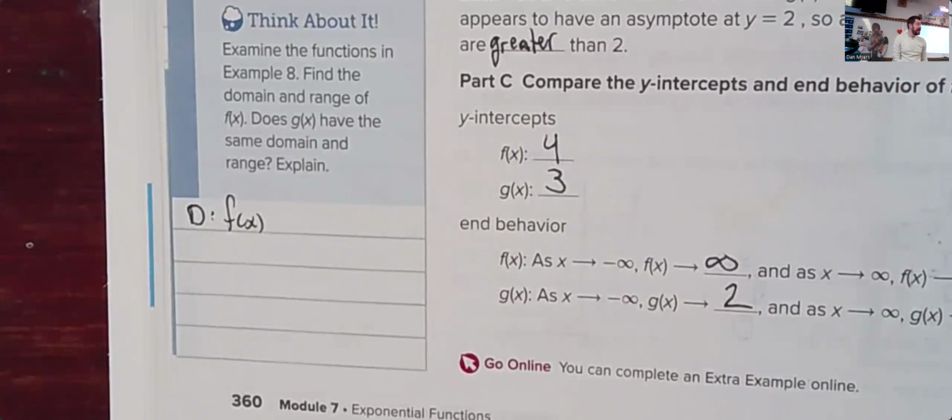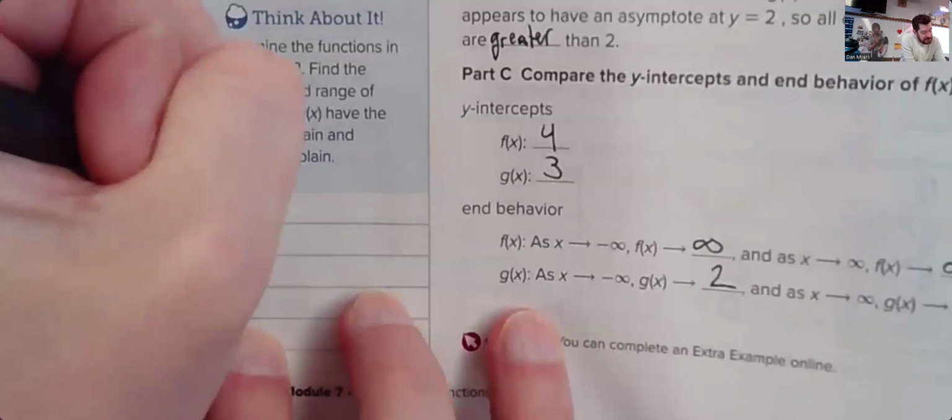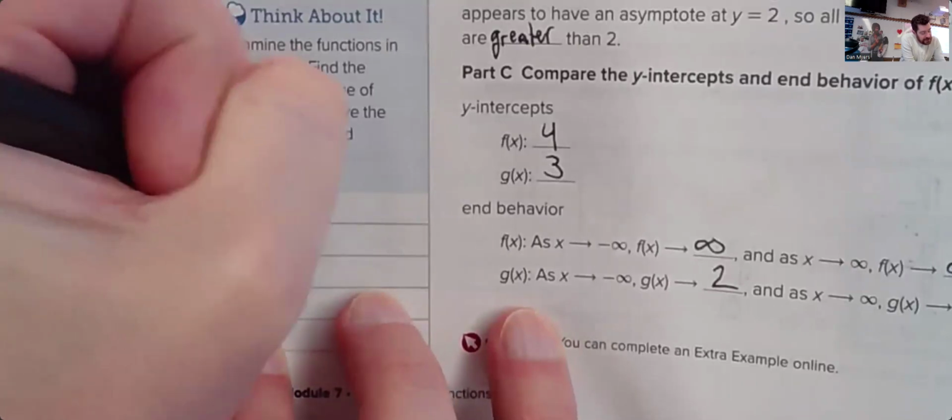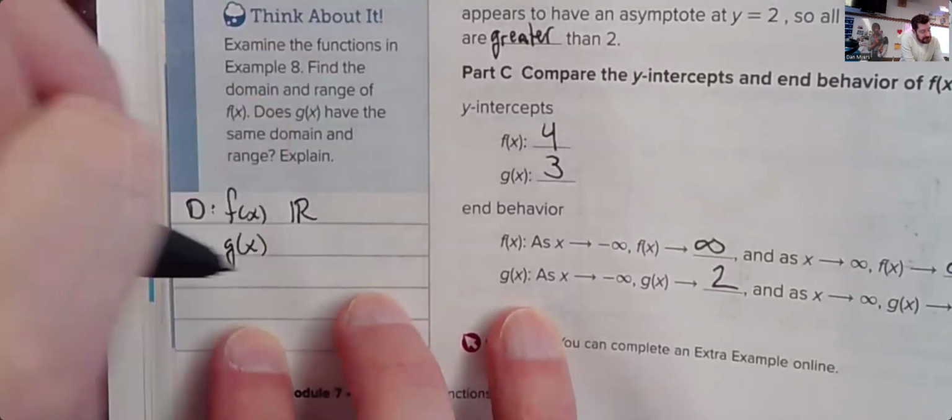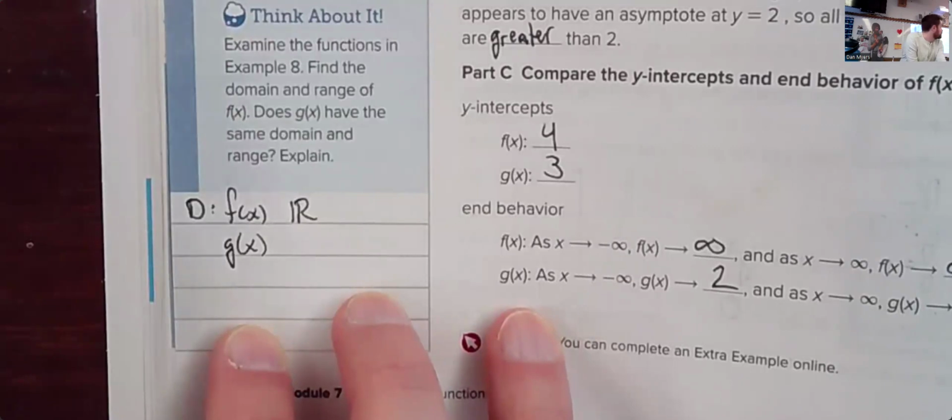So the domain values, they're doing that. So f of x would be all real numbers. How about g of x domain? All real numbers, yeah. Going left and right forever.